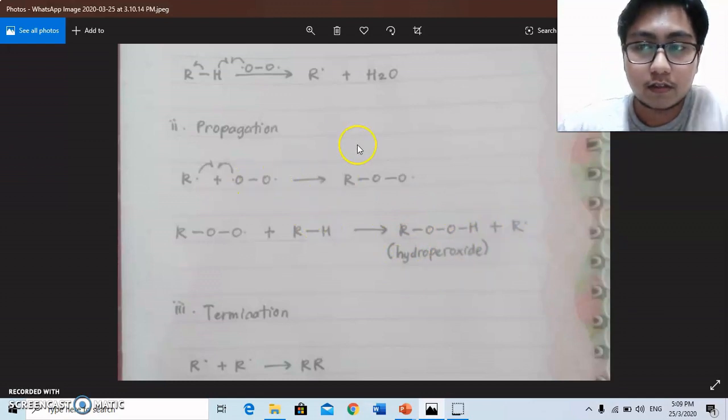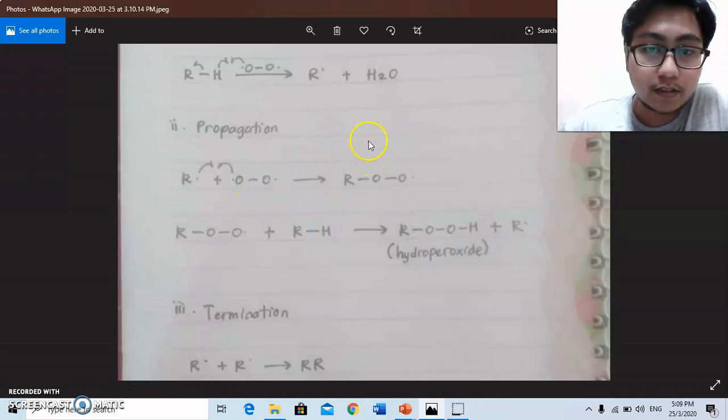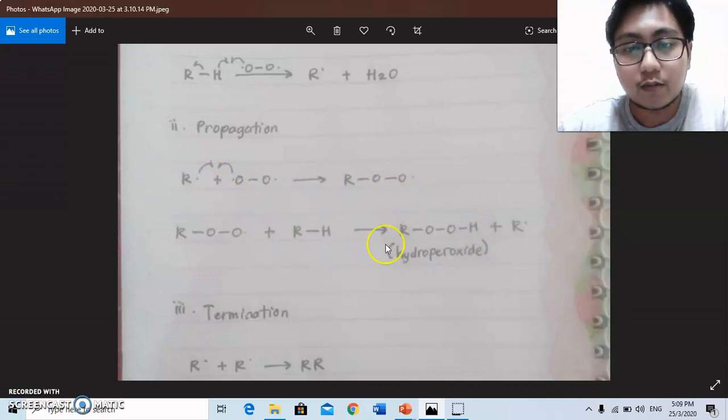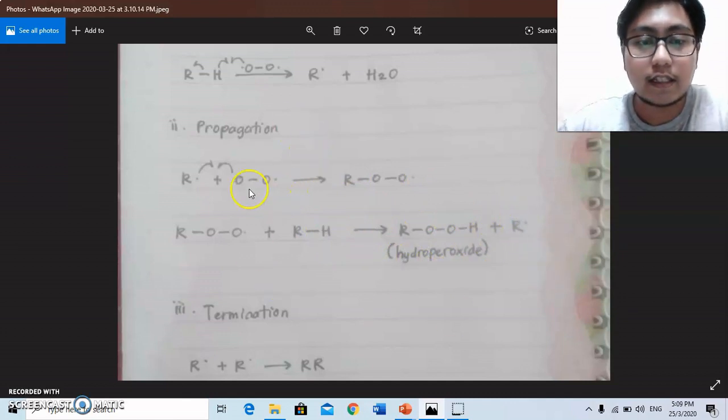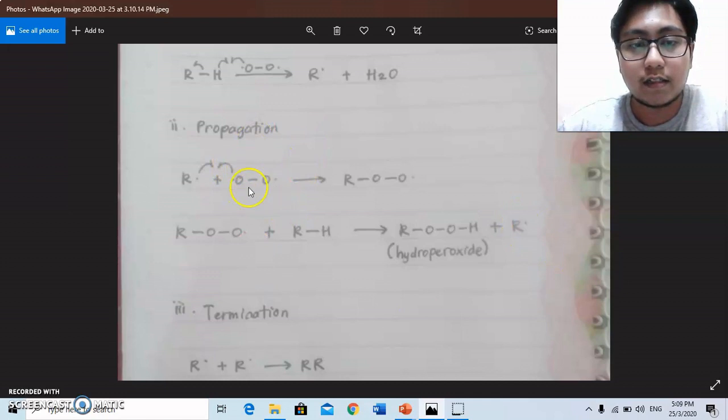That's why it's called a free radical chain reaction: this free radical will attack another fatty acid and the chain reaction will continue. We produce hydroperoxide and another free radical, which is attacked by another oxygen, and the chain reaction continues. Okay, so follow me?